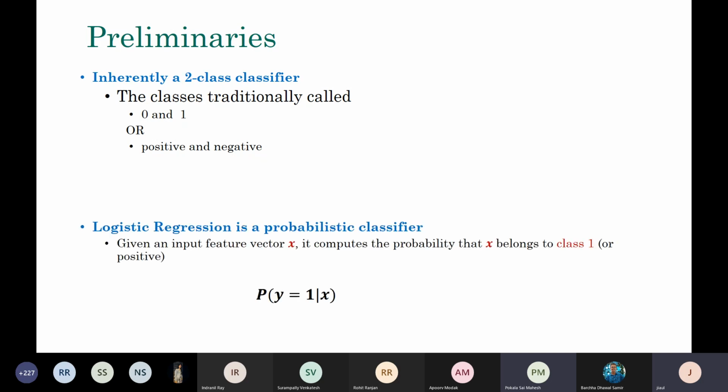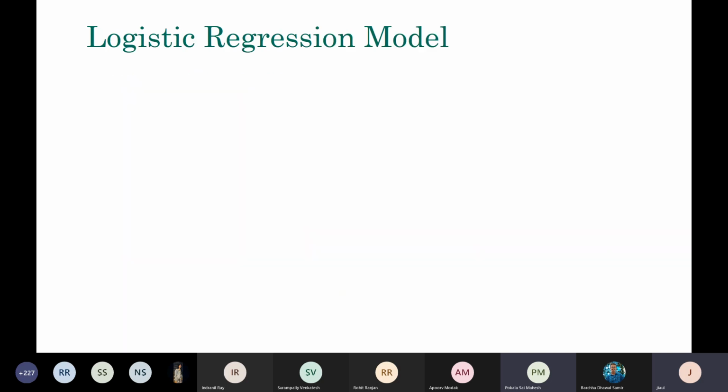Given a feature vector with the features which I denote by x, we want the probability that it will belong to class 1. So it's a probabilistic classifier using this feature vector, and we will see how to estimate the model parameters and so on.